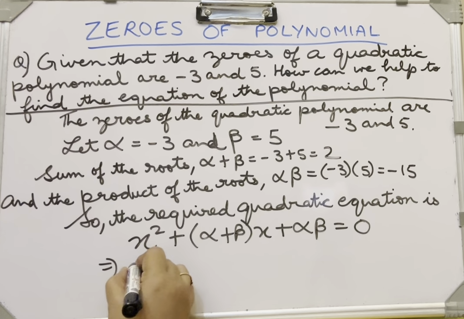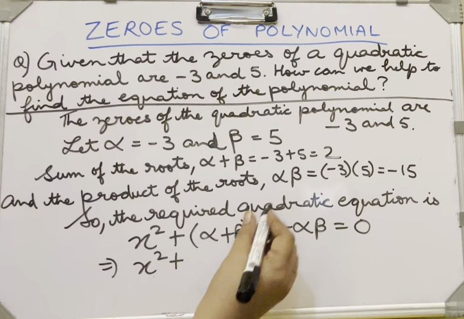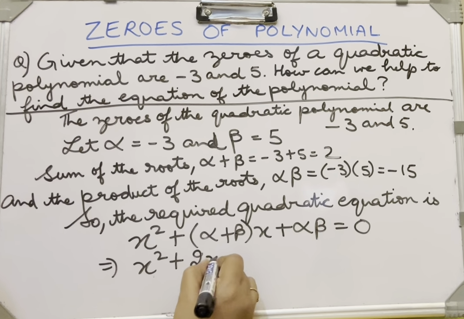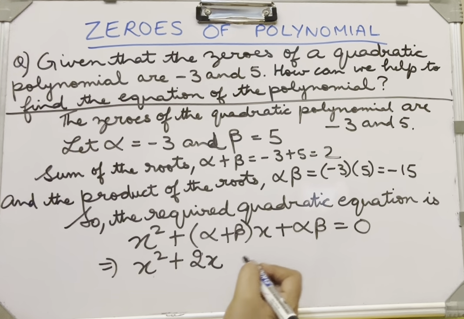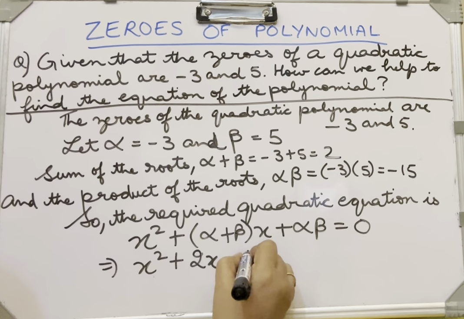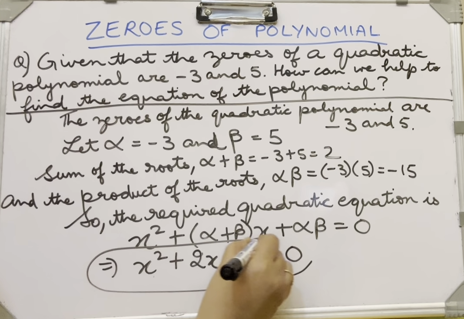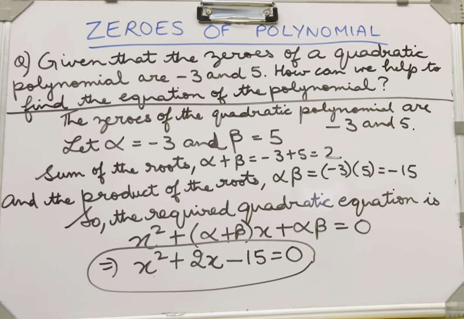We know the value of alpha plus beta is 2, so x square plus 2x, and the value of the product of the roots alpha beta is minus 15. So x square plus 2x minus 15 is equal to 0. So this is the required equation of the polynomial.